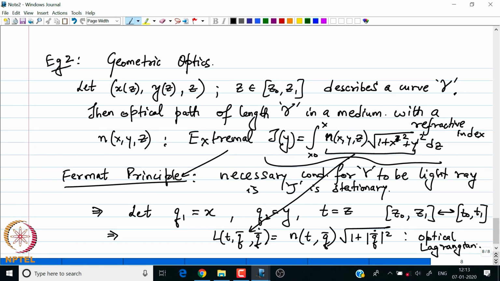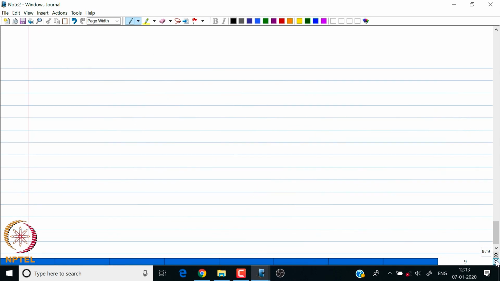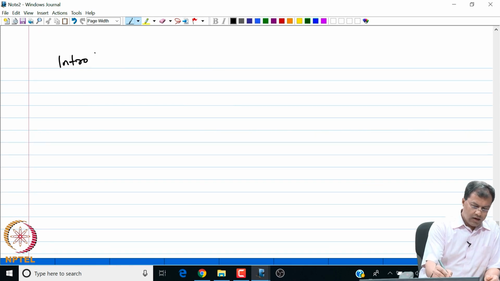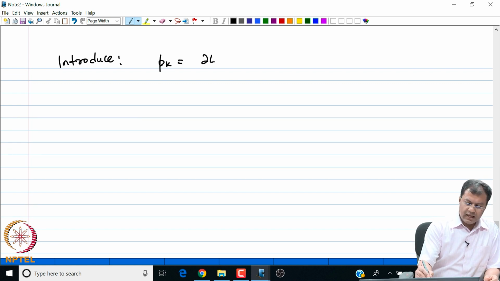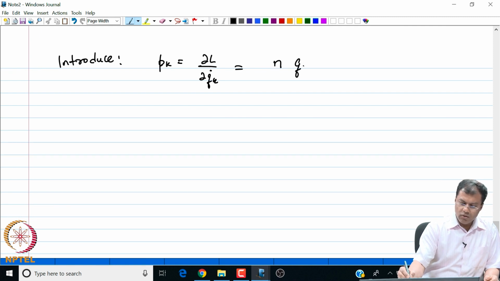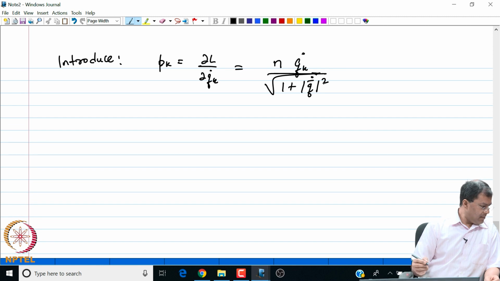Okay. So then the next step to solve this and find the extremal is to introduce our conjugate variables p and H. I introduce our variable p. So pk is partial L partial qk dot, and by the definition of L, this comes out to be n times qk dot divided by the square root of 1 plus mod q bar dot square, right.